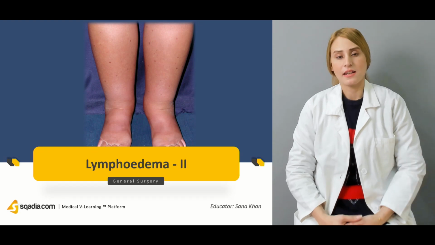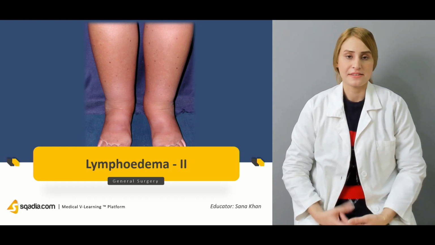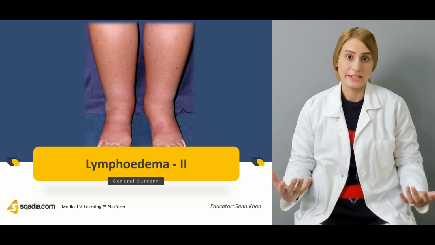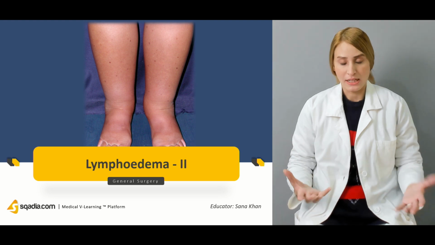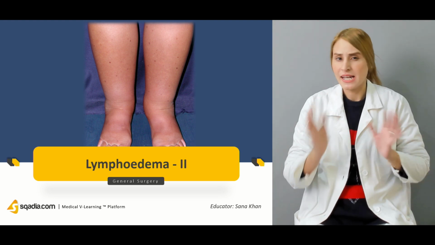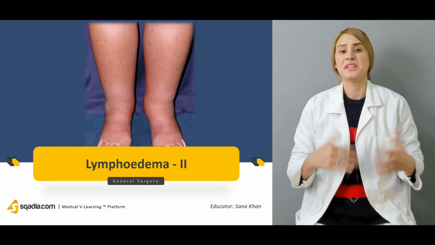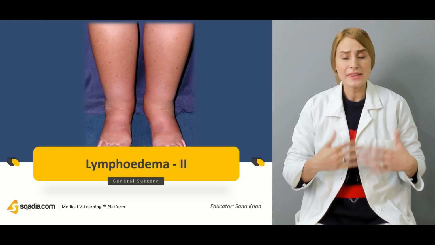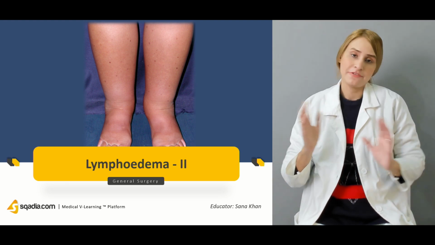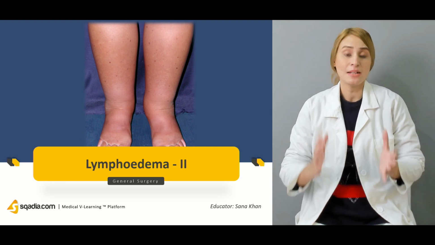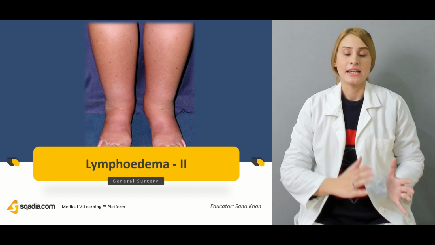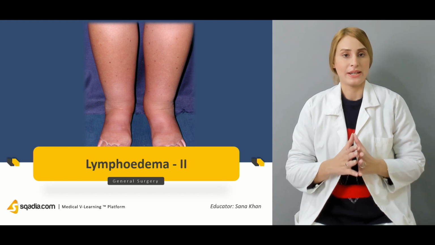We have started discussing the lymphatic system, and particularly in the previous lecture, we discussed lymphedema and the anatomy of the lymphatic system, the channels, the pathway, the function, and how the lymphatic system helps to drain the lymph into the larger veins of the body.